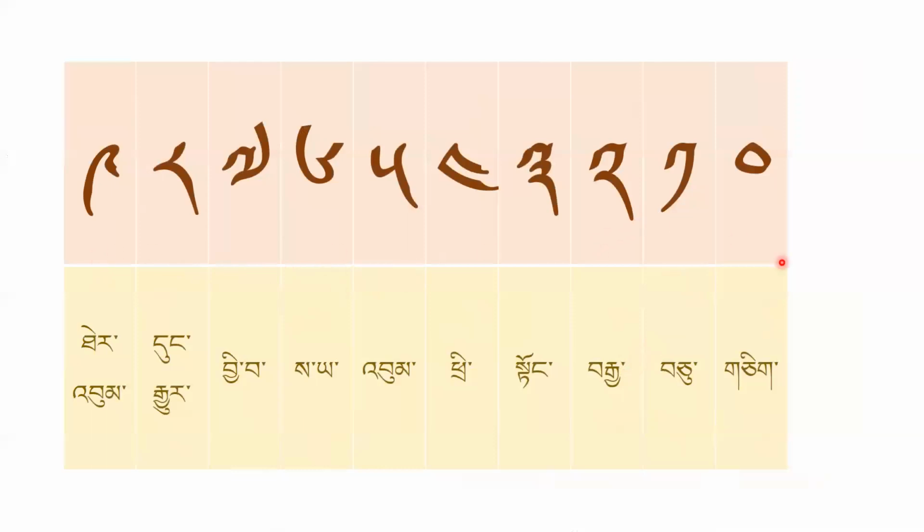However, since we count the first digit, that's the farthest right one, we will work backwards from the right to the left. So naturally, the first digit, in this case I wrote 0, is jik.